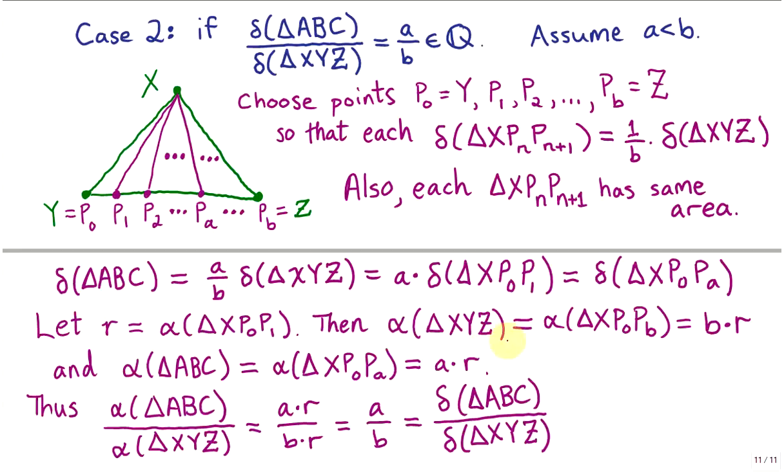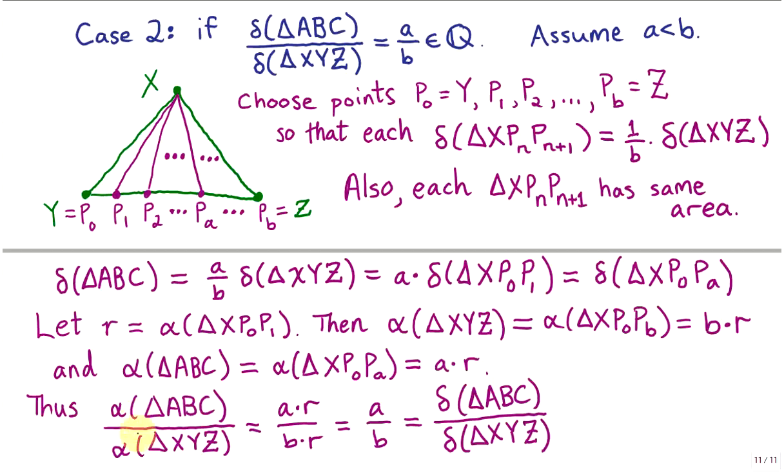Then the area of the entire triangle, XYZ, or this other notation, triangle X, P0, PB, consists of B copies of this small triangle, X, P0, P1, so the area of the entire triangle is B times R. Similarly, to find the area of triangle ABC, well, triangle ABC has the same deficit as triangle X, P0, PA, so the area of ABC is equal to the area of X, P0, PA, and this triangle is made up of a total of A smaller triangles, each of which has area R. So there's the area of triangle ABC.